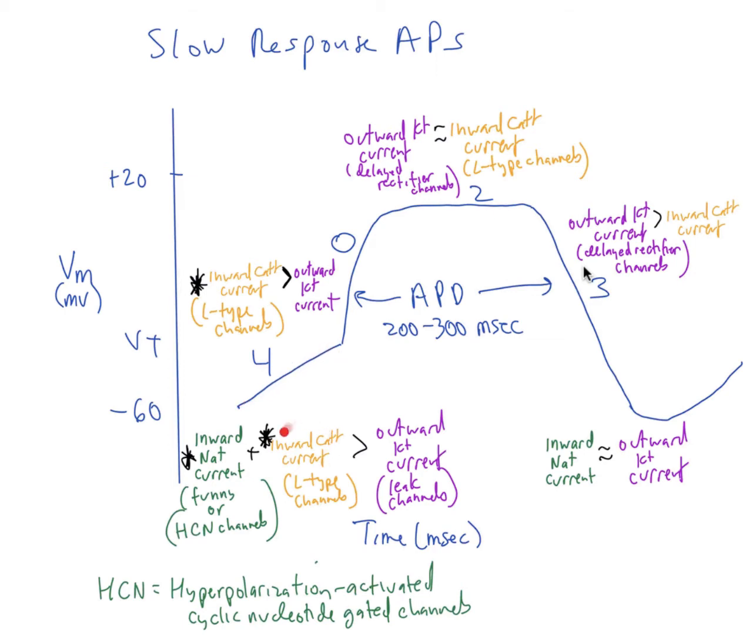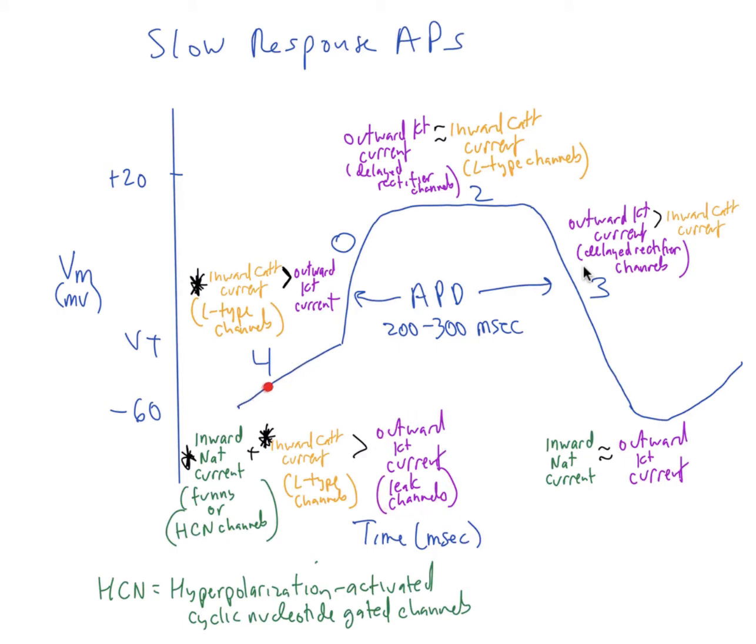We also have some calcium channels involved here, maybe to some minor degree L-type calcium channels, which can be important with pharmacological interventions. Now, these two inward cationic currents are going to exceed any outward potassium current, and we're going to end up with a net depolarization.